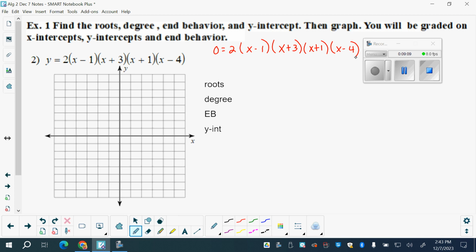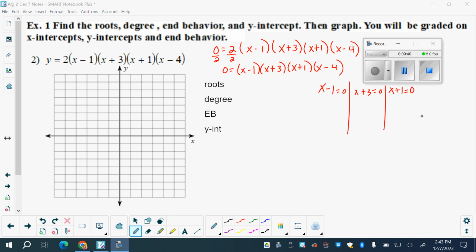Yes, that would be the fastest way, just dividing both sides by 2. Because it's equal to 0, we can divide that by 2, and it just goes away. So now to solve that, we take x minus 1, set it equal to 0, x plus 3 equal to 0, x plus 1 equals 0, and x minus 4 equals 0.